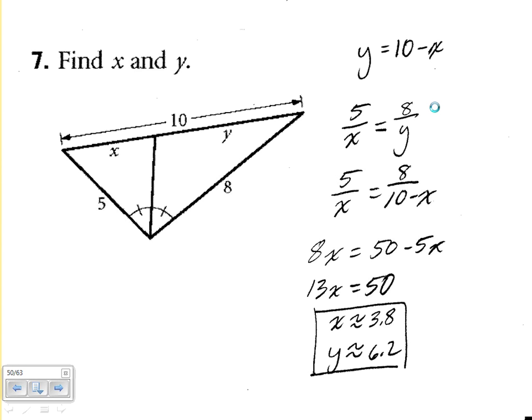For number 7, I got around 3.8 and around 6.2. Number 7 is basically the same problem as what we just did for our classwork.